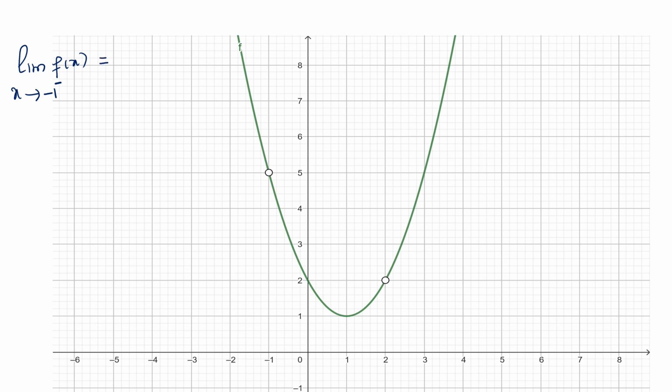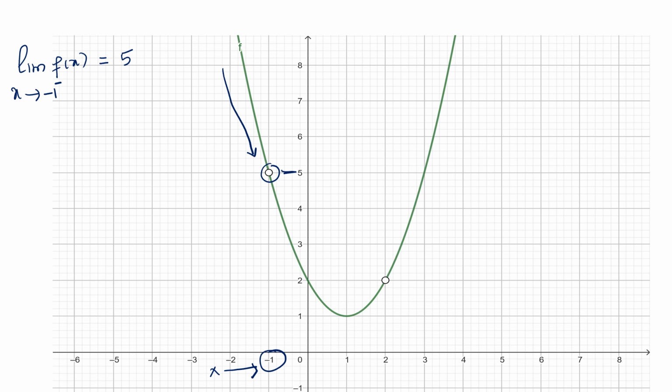We are going to find out. So x equals minus 1 here. Suppose x approaches minus 1 from the left side. Like this it will approach. What is the point? This point, what is the corresponding number? It is equal to 5.